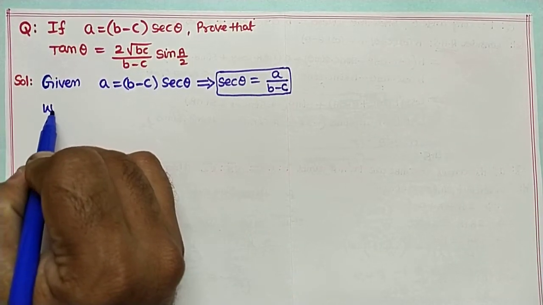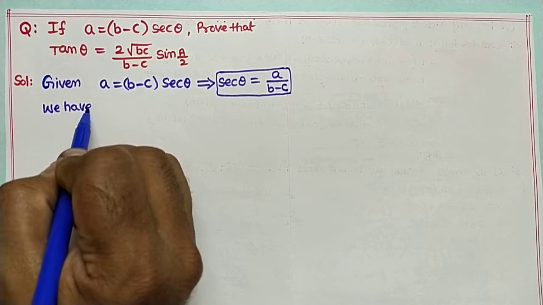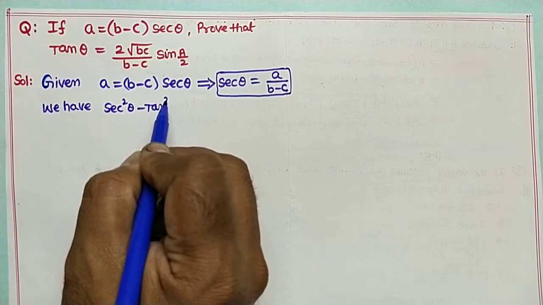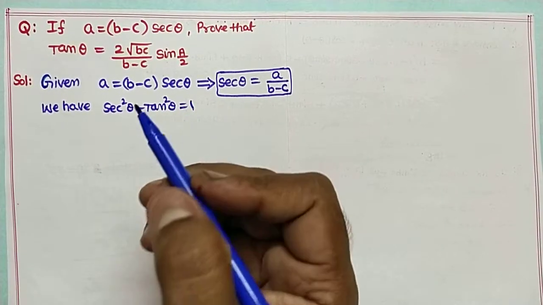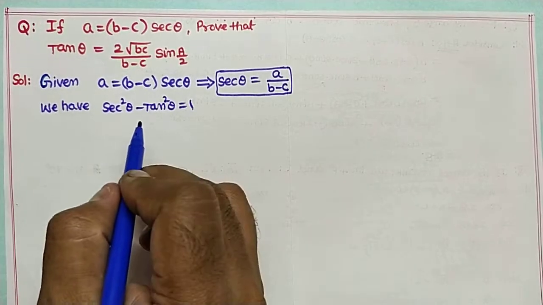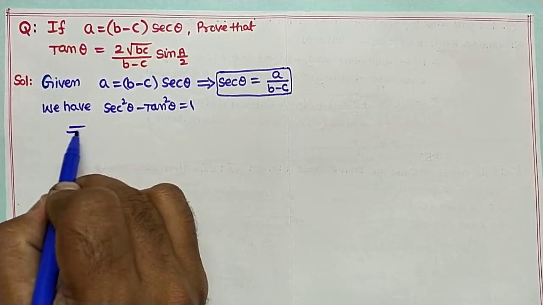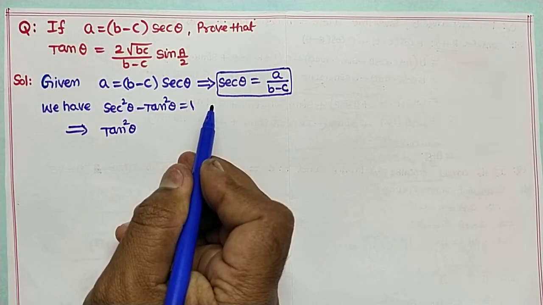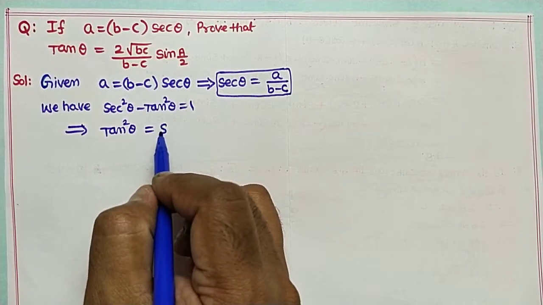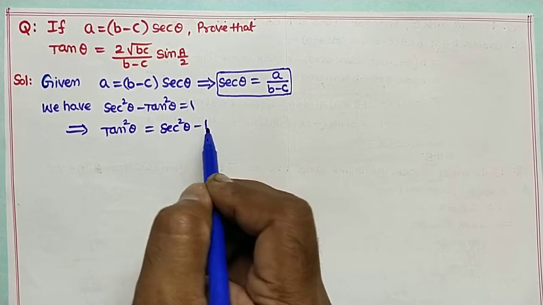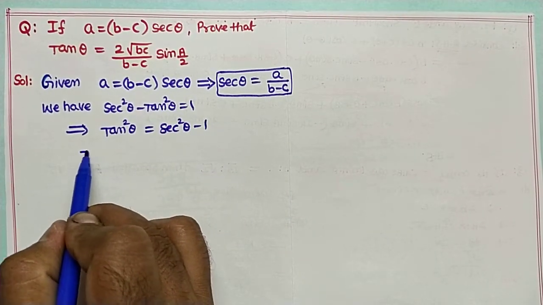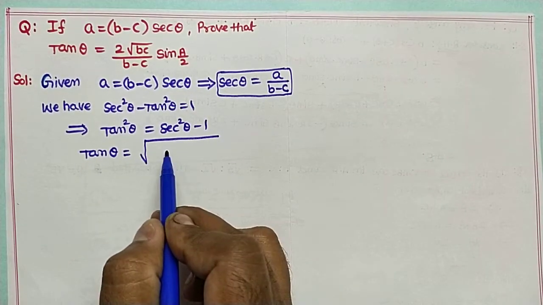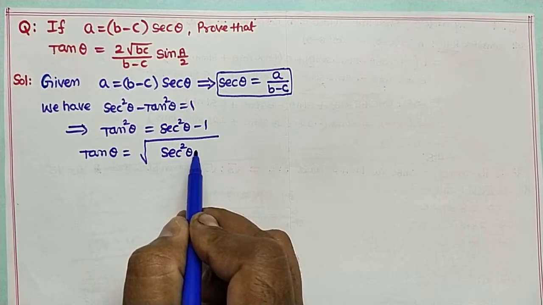So from that, tan square theta equals secant square theta minus 1. We want tan theta, no? So make tan square theta the subject. Minus tan square theta we can take to this side. So tan square theta equals secant square theta minus 1. So tan theta equals square root of secant square theta minus 1.